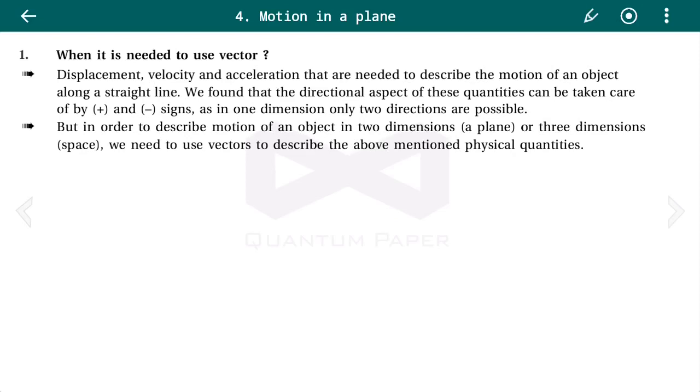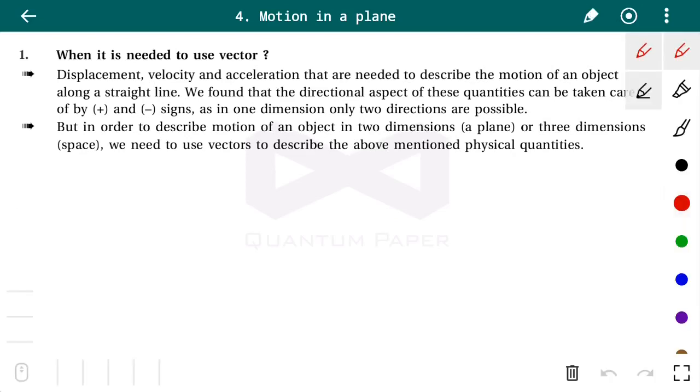Now see, displacement, velocity and acceleration are all vector quantities, right?